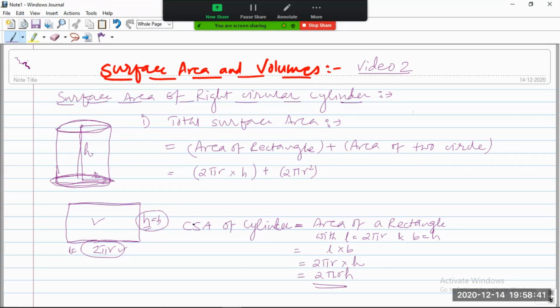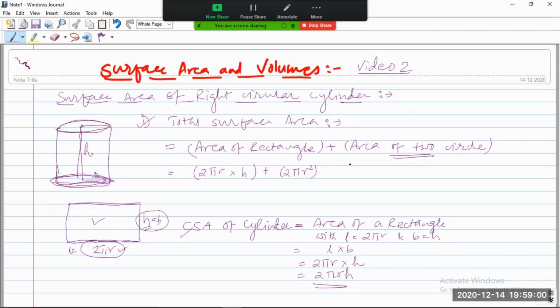Now with the help of this curved surface area, we are going to find the total surface area of this cylinder. The total surface area is nothing but the curved surface area plus the area of the two circular base and top of that cylinder.